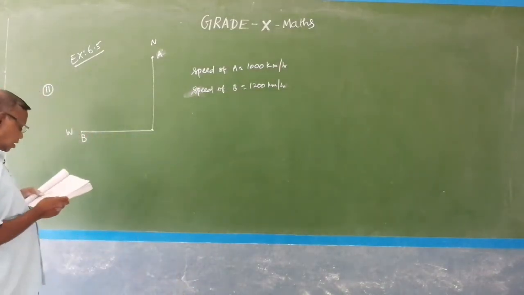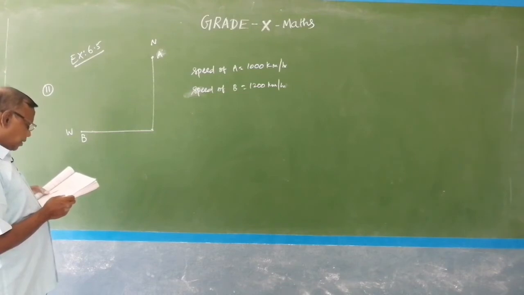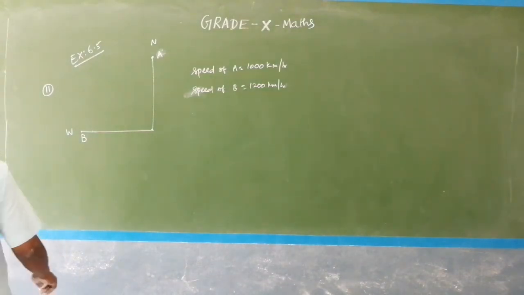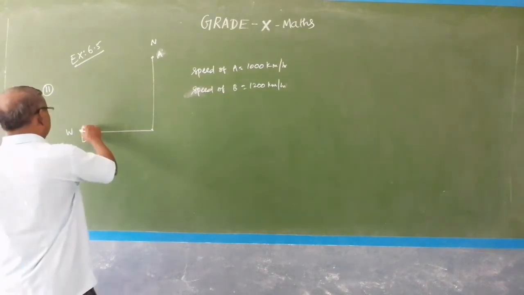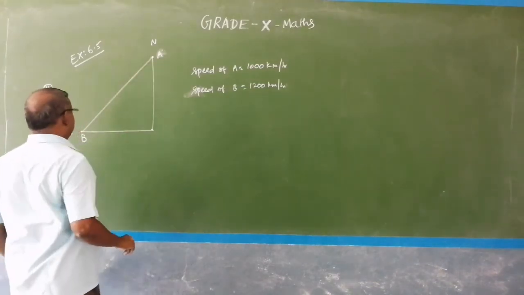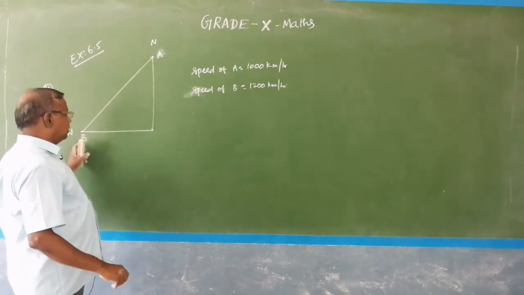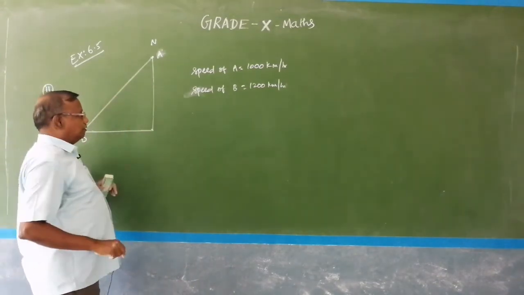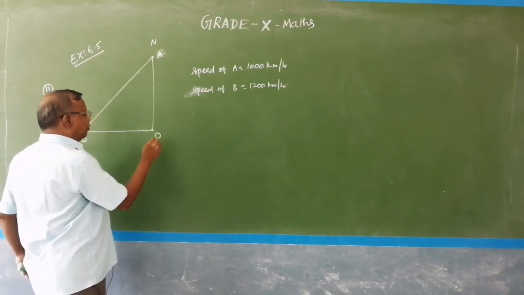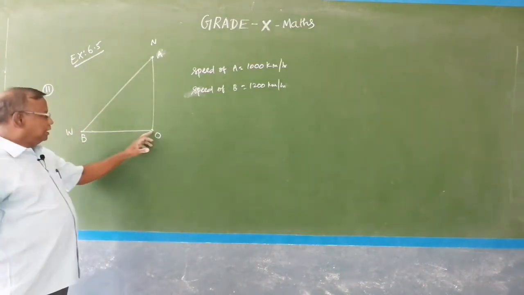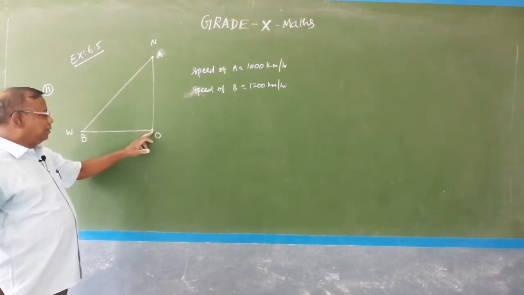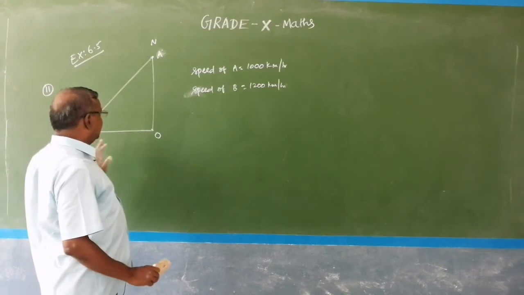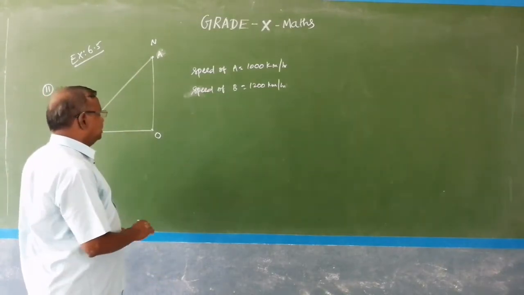Now how far apart will the two planes be after 1.5 hours? So after 1.5 hours we have to calculate this. Let A and B be the positions of the two planes after 1.5 hours. Let O be the initial point, from which flights A and B travelled towards north and west.